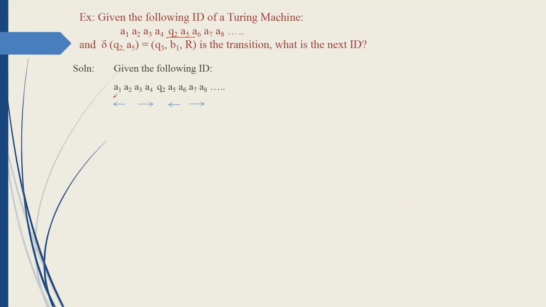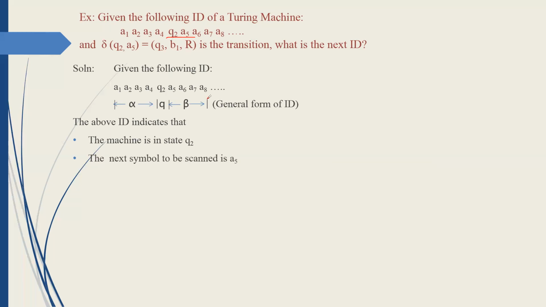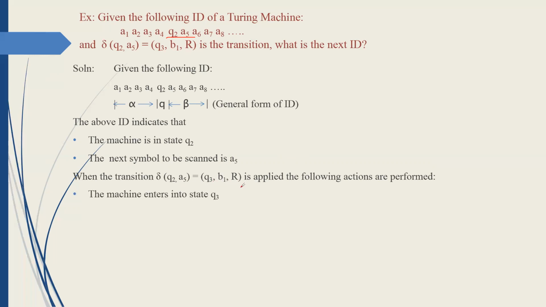Check here. So A1, A2, A3, A4, Q2, A5, A6, A7, A8 is there. This part is as I was showing in the previous slide: this is alpha, this is Q, this is beta. The machine indicates that you are in the state Q2 and the next symbol to be scanned is A5. And what operation has to be performed? Replace Q2 by Q3, A5 by B1, and move the cursor to the right direction.